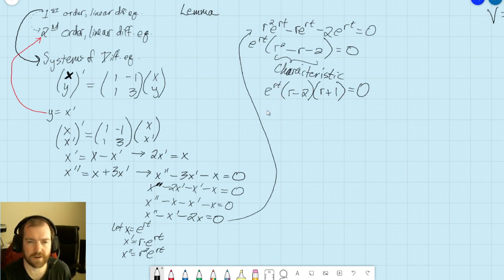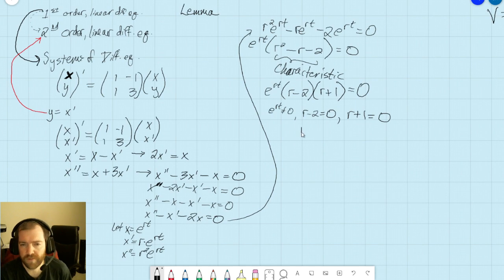All right, since e to the rt can never be 0, each of those individually could be 0. We got r is 2, r is negative 1.